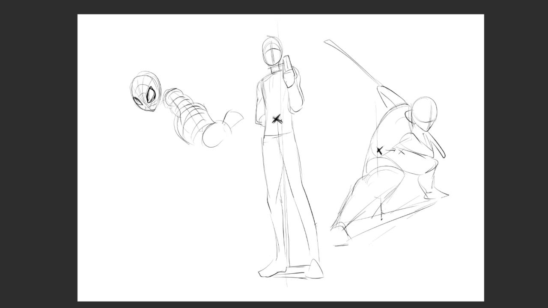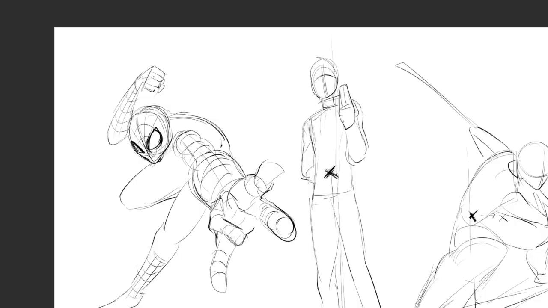Not to mention Spider-Man's character is basically an acrobat, so you can just give him very wild poses that you might not be able to do. This character is like a 3D object. Drawing Spider-Man really helps in giving yourself a better understanding of poses. So that's it for balance.